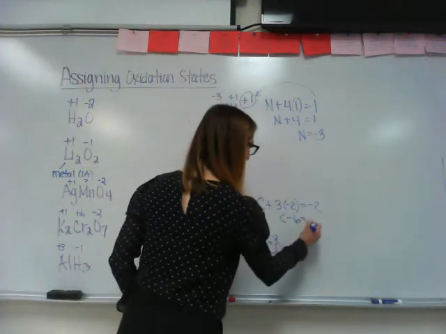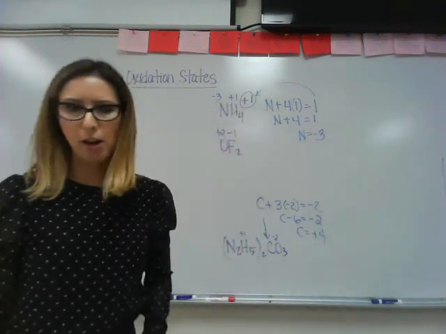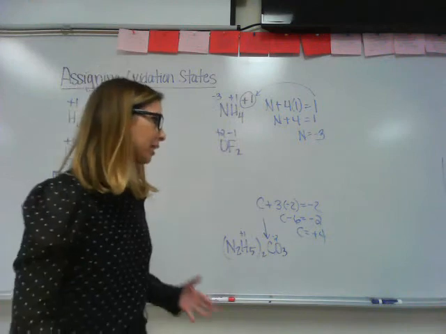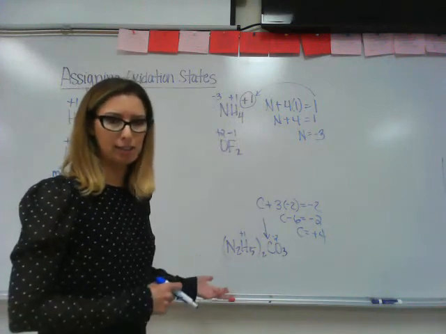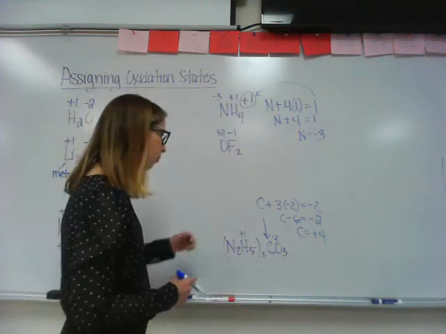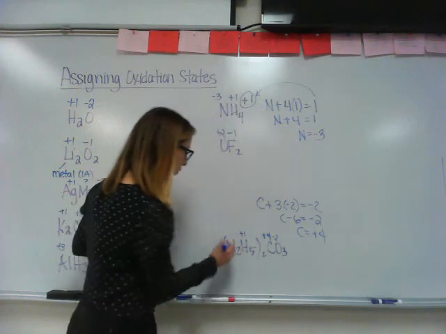So C minus 6 equals -2. Carbon is going to be a +4. So we're kind of piecewise solving the oxidation numbers in this compound, okay? So we found out that carbon is a +4.